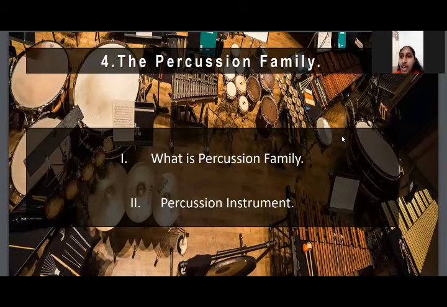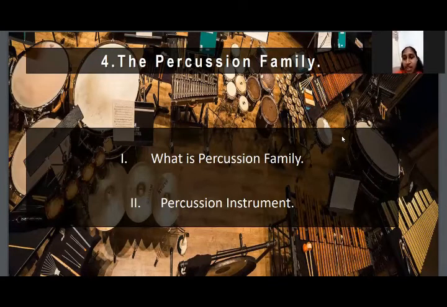Unlike most of the other players in the orchestra, a percussionist will usually play many different instruments in one piece of music. The most common percussion instruments in the orchestra include the timpani, xylophone, cymbals, triangle, snare drum, bass drum, tambourine, maracas, gong, celesta, and piano. Thank you.